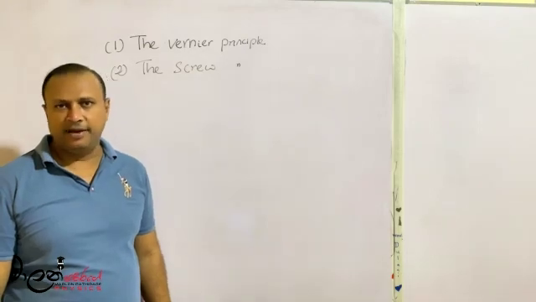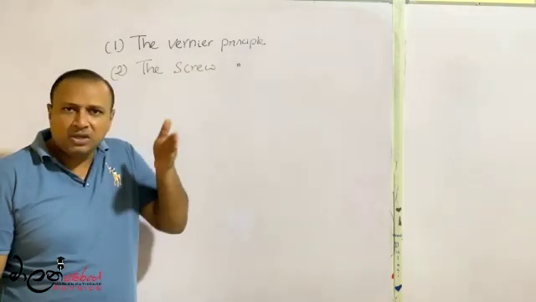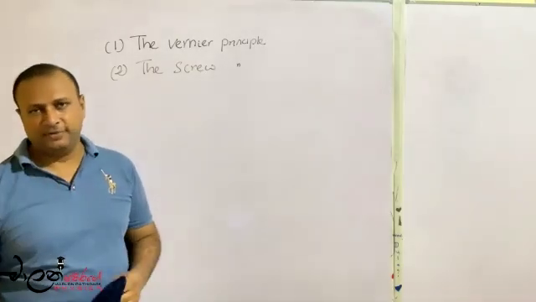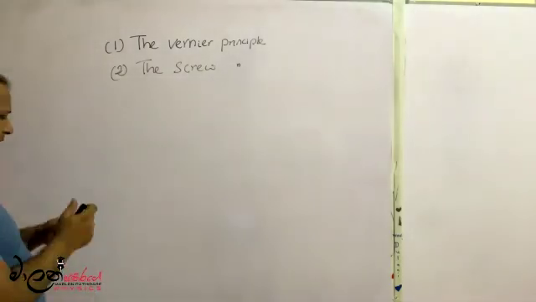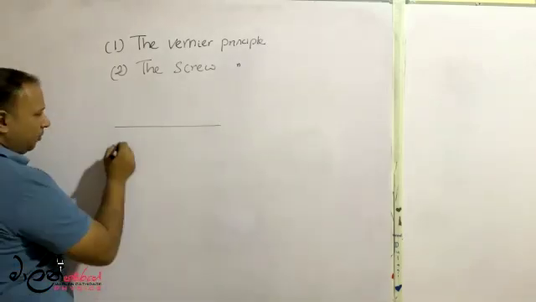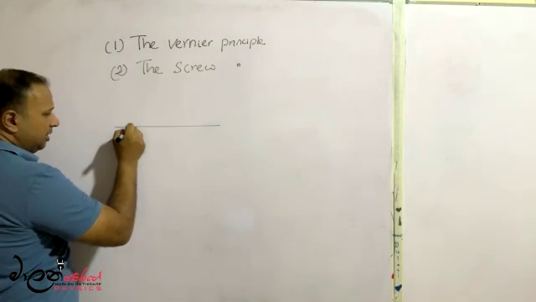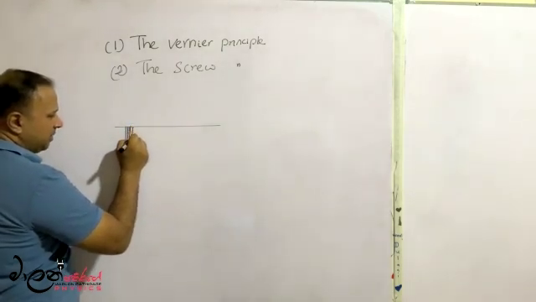And to reduce that error, we have to reduce the least count. That is very clear. So if you want to increase the accuracy, we have to reduce the least count as much as possible.